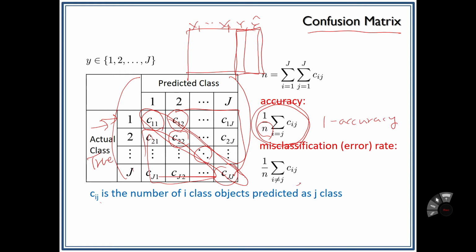That is equivalent to this formula: we add all the off-diagonal elements divided by the total number of observations, and that becomes the misclassification rate, where n is the total number of observations.